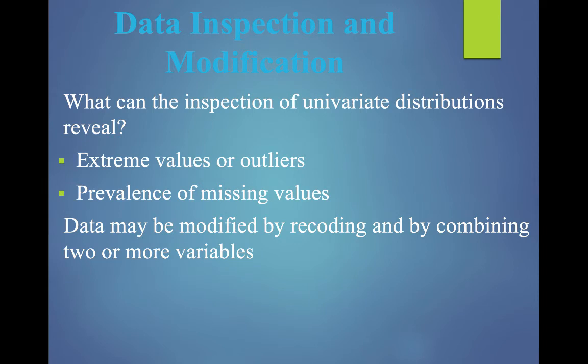Data may also be modified by recoding and by combining two or more variables. So you may collapse response categories. Maybe instead of a table listing very good job, poor job, very poor job, you could regroup it as good job, combining very good and good, and poor job, combining very poor and poor. It may be easier to represent graphically or to illustrate your findings.